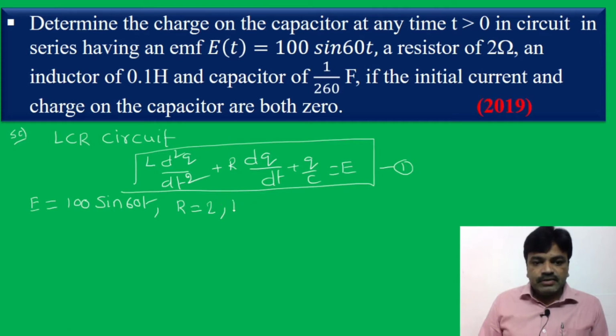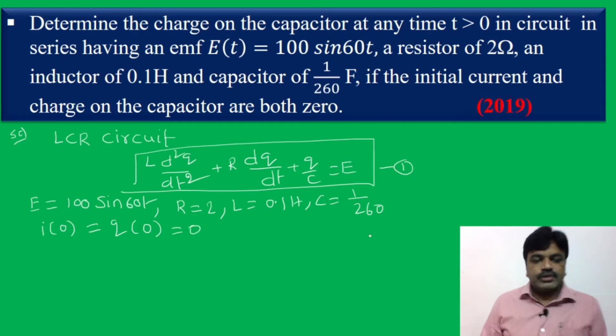Inductor L value is 0.1 Henry. Capacitor C value is 1/260. Moreover, the initial current and charge on the capacitor are both 0. That means I of 0 is equal to Q of 0, which is 0.